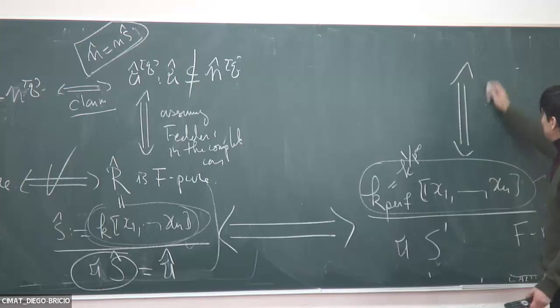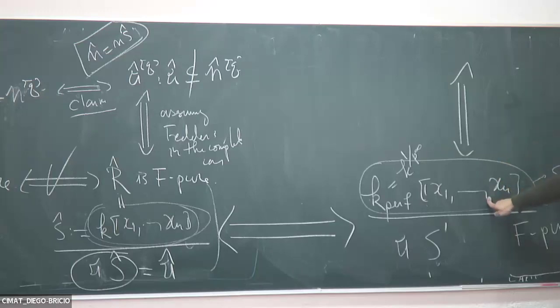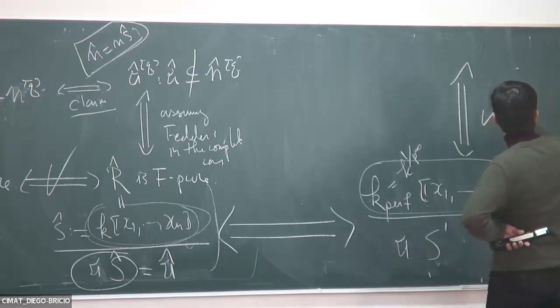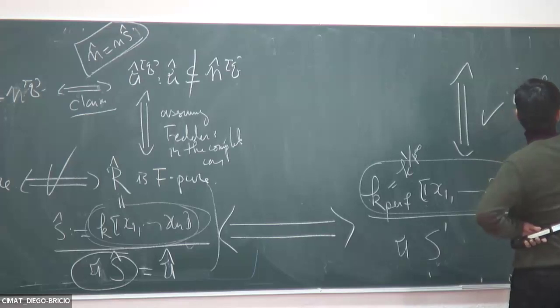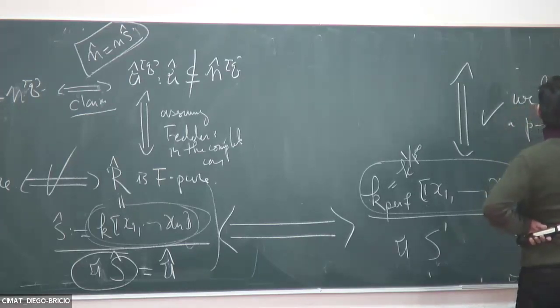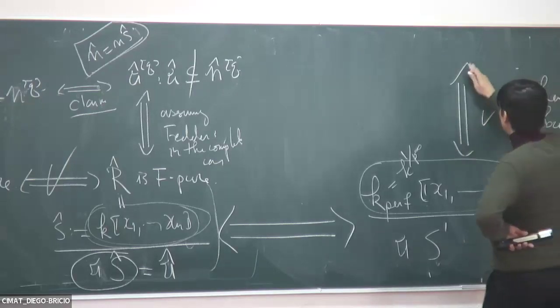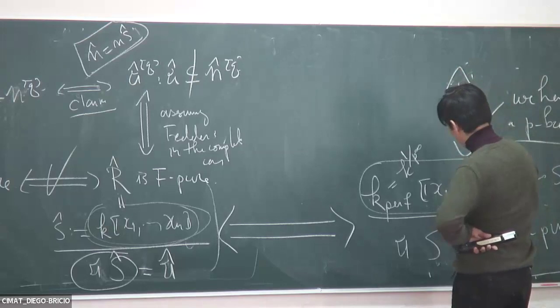Well, no, it's true. I don't need to pretend anything. It's true because here I have a p-basis, right? We just did that. So here we have a p-basis. So this has to be equivalent.